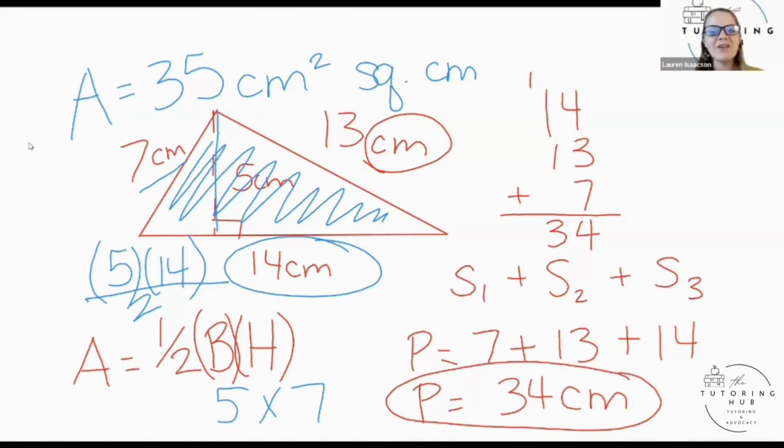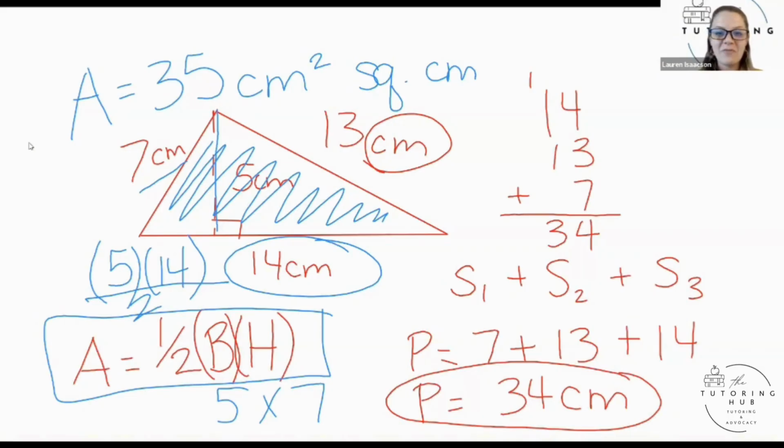See if you can solve it using the area equation or formula. Area equals half the base times the height to find the area of a triangle. Maybe have a friend draw a triangle and give you a few random measurements to see if you can practice it on your own.